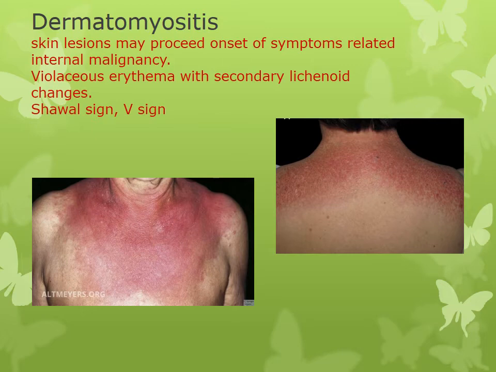Dermatomyositis can be associated with internal malignancy, and here usually the skin lesions precede the onset of symptoms of internal malignancy, which means dermatomyositis patients need to be re-evaluated periodically for any symptoms suggestive of internal malignancy and screened.